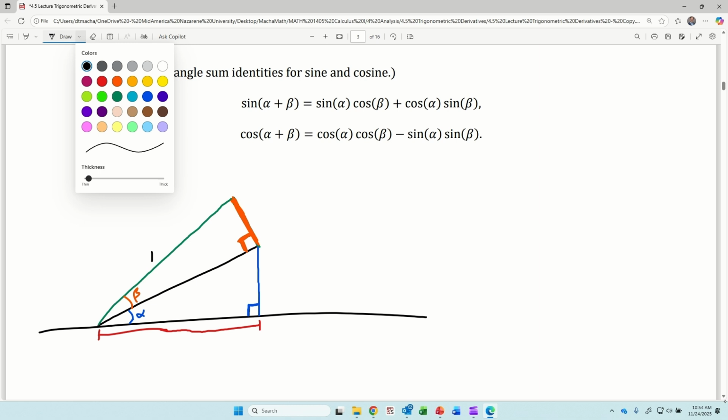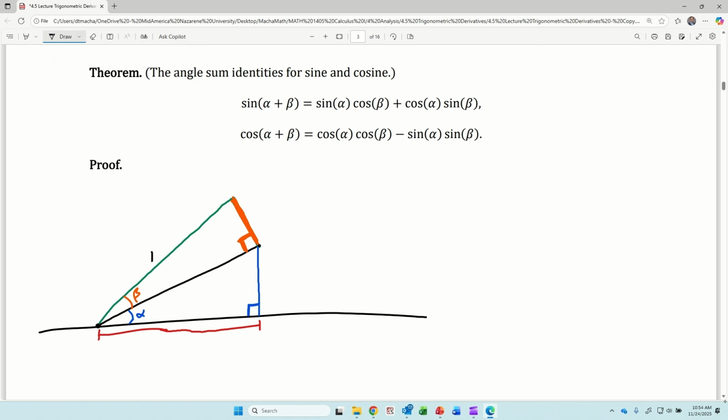This line segment from this point to this point is going to have a length of cosine beta. In other words, this black line segment has a length of cosine beta because cosine is the ratio of the adjacent side length to the hypotenuse. And so the adjacent side length divided by 1 is cosine of beta, and that means cosine of beta is the adjacent side length, like I've labeled it here.